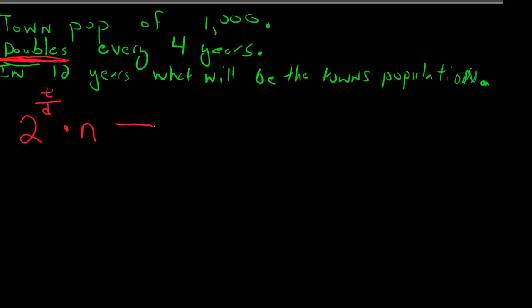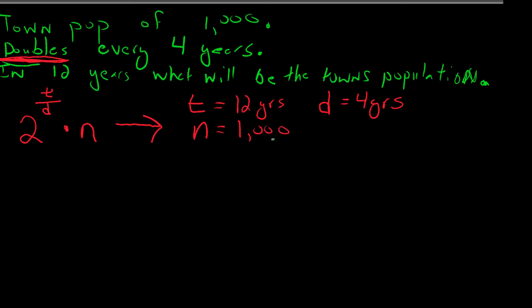So for this particular problem, the time period I'm looking for is 12 years, and my doubling time is 4 years, and my starting population is 1,000.